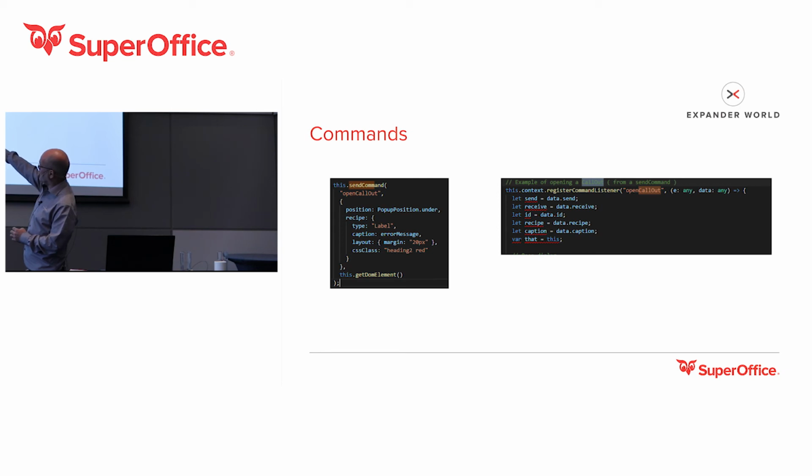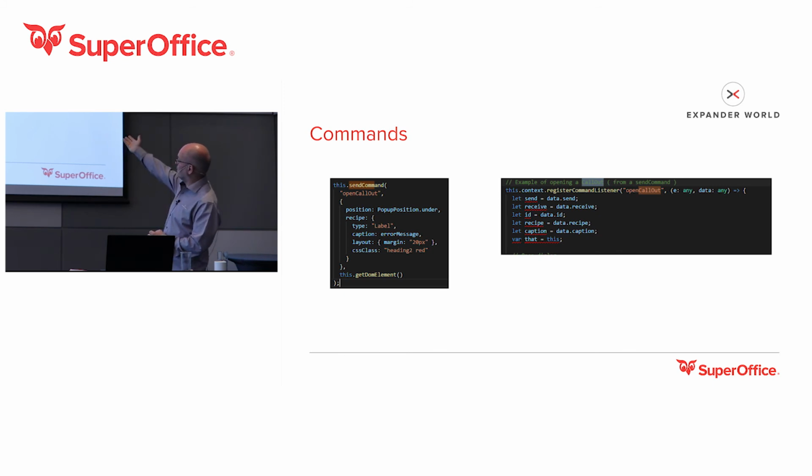In that you can say the position, the recipe, and what to show, and you send in where to hook that callout, where to attach that callout to this DOM element. So this is a way to send a command. Then this controller base, which has this code, will then act on that command and actually do the callout.